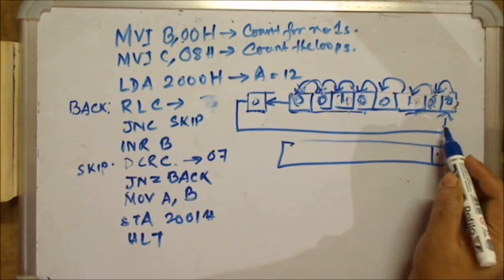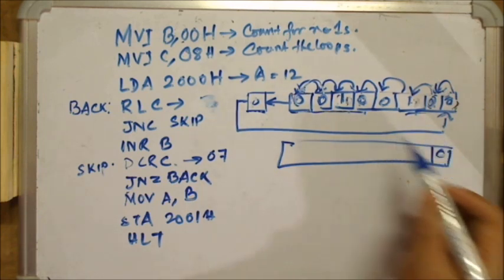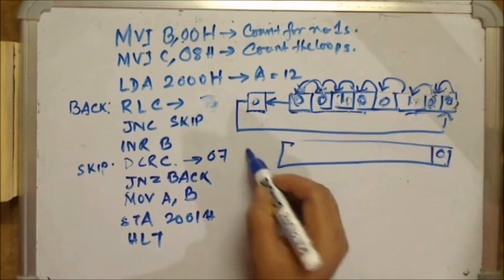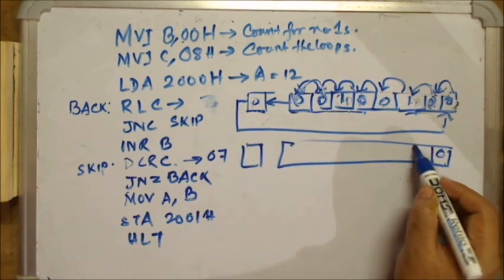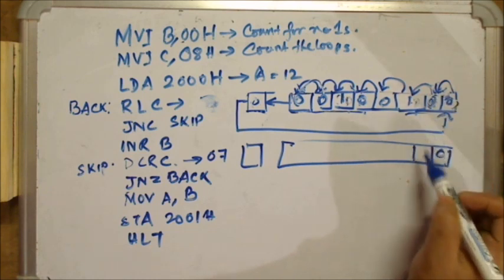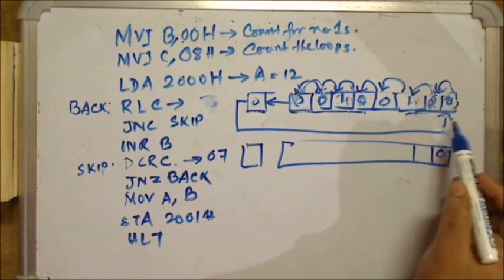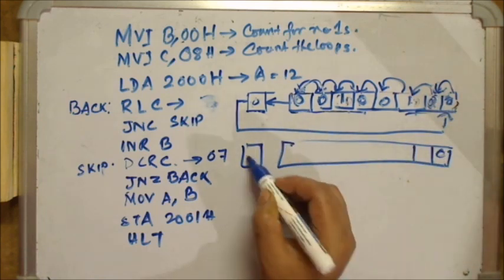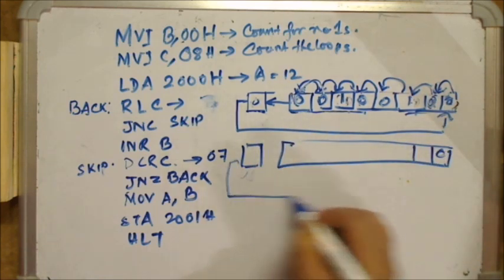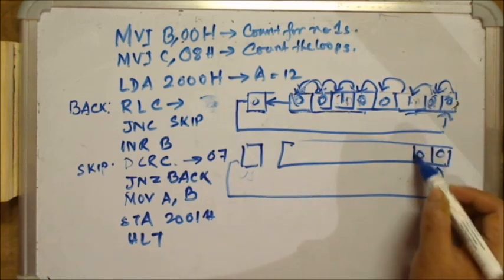This 0 will come here. Then this 0 comes here. This 0 will go. The carry 0 will go here. Okay. Then this 0 will be shifted here.